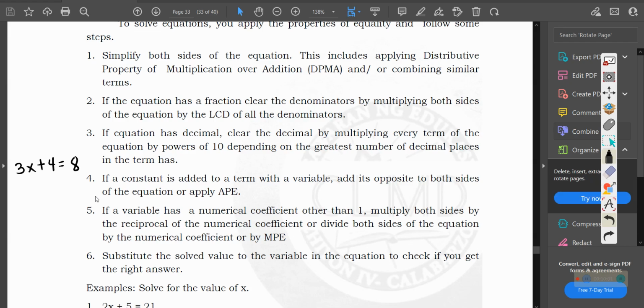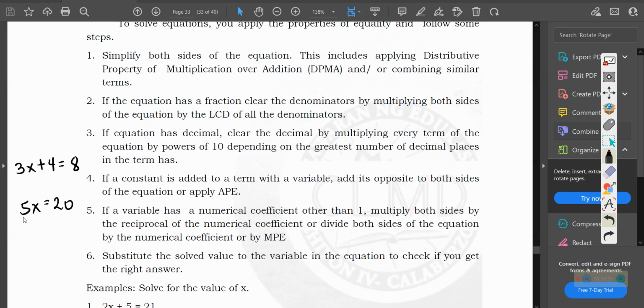Siya yung uunahin natin. Next, if a variable has a numerical coefficient other than 1, multiply both sides by the reciprocal of the numerical coefficient or divide both sides of the equation by the numerical coefficient, or simply the MPE. Okay? So, MPE po yan. So, di ba halimbawa, ganito yung ating equation. 5x equals 20. So, meron pong numerical coefficient na other than 1.